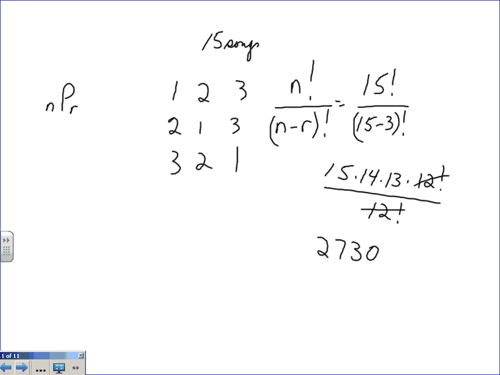In this class, right now, we have 33 people. And we just had student council elections, didn't we? All right. Suppose out of this class, I want to take a president, vice president, secretary, and treasurer.